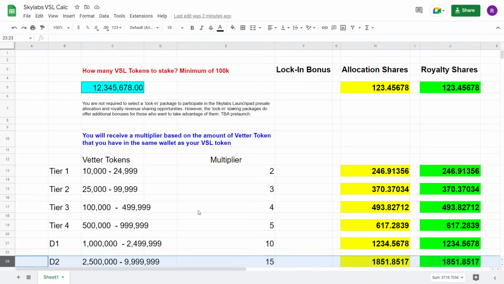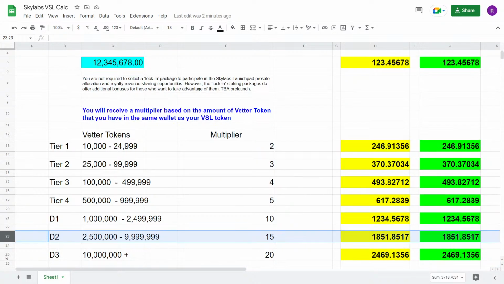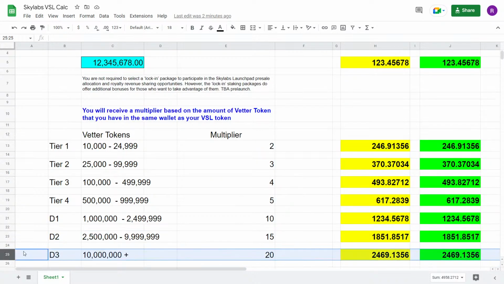Diamond 2, 2.5 million gives you a 15x. So instead of 123, you're now getting 1,851 allocation and royalty shares. D3, Diamond 3, the tip of the spear, the cream of the crop, 10 million VEDR tokens in the same wallet, you get a 20x multiplier.